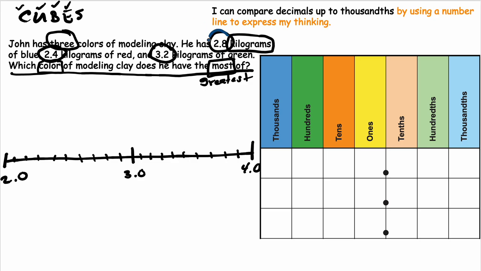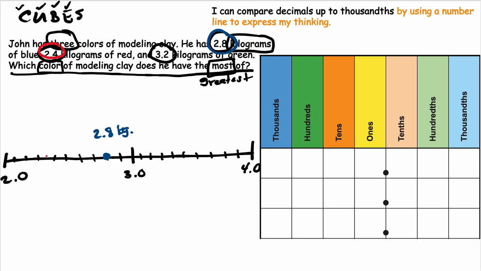2 8/10 kilograms is in blue. So we have 1/10, 2/10, 3/10, 4/10, 5/10, 6/10, 7/10, 8/10. Here's my blue clay, 2 8/10 kilograms. You have to be careful with these word problems. Looks like we have 2 4/10 of red.